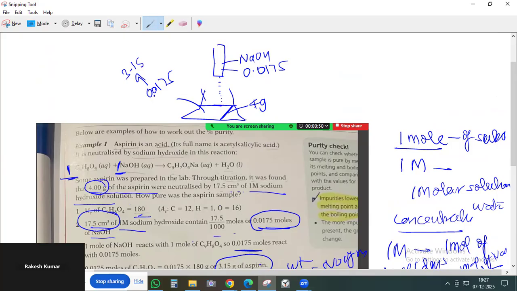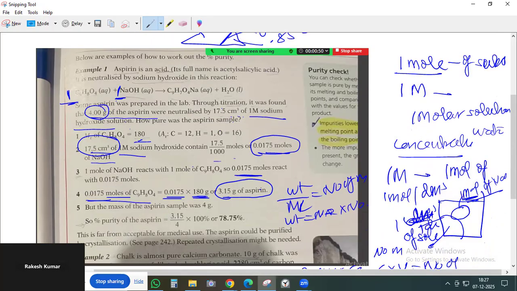So naturally, the remaining part, that means 0.85, is impurity. So that's what he's doing. He's saying 3.15 over 4 into 100.